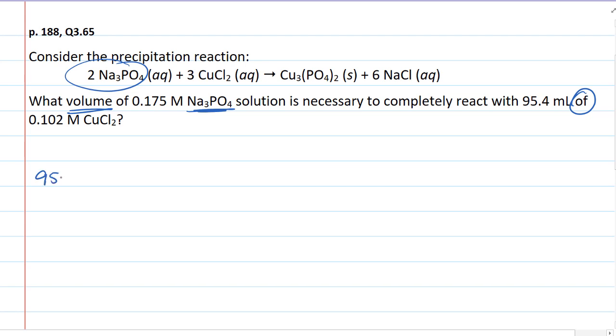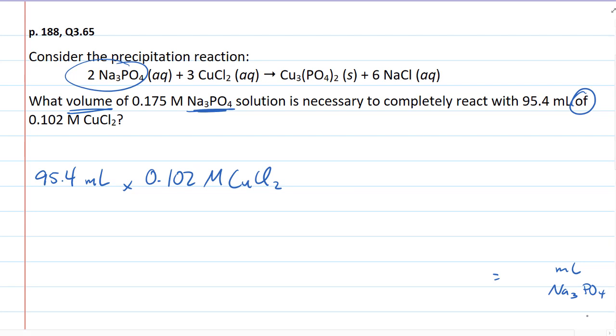So we'll start with 95.4 milliliters of the 0.102 molar copper 2 chloride. And at some point in our answer, we're trying to get to the milliliters of the sodium phosphate solution. So that's where we're trying to work towards in this problem.